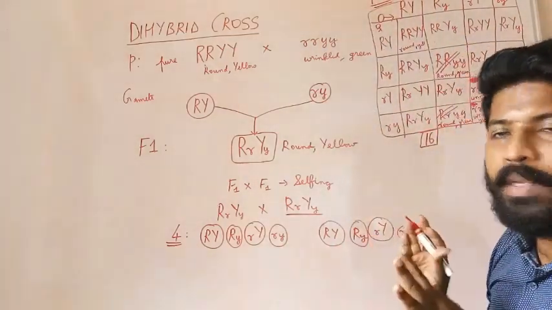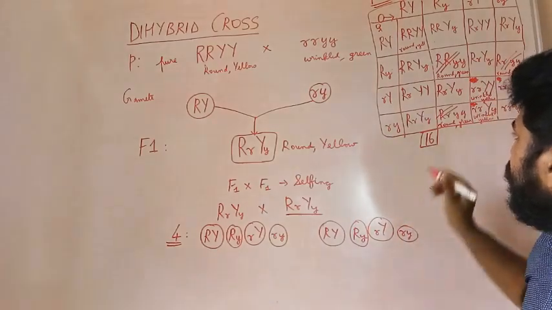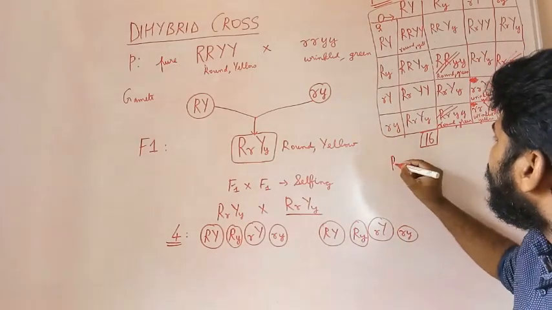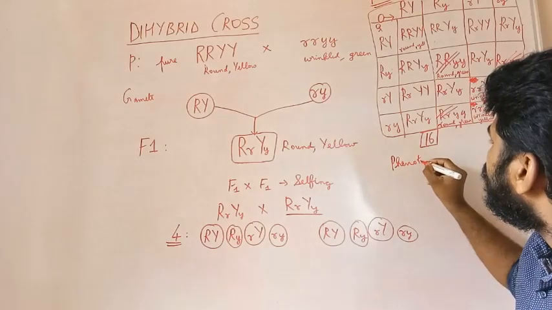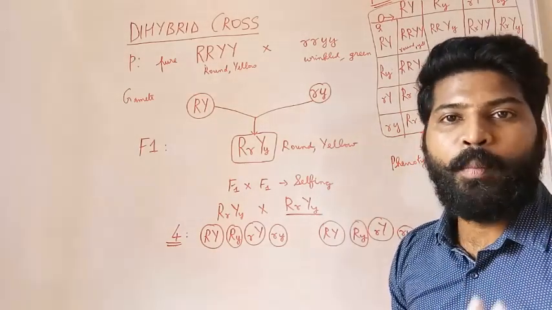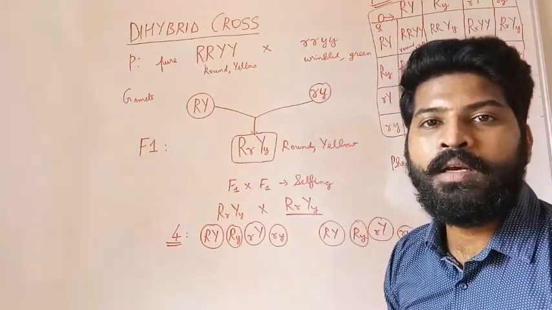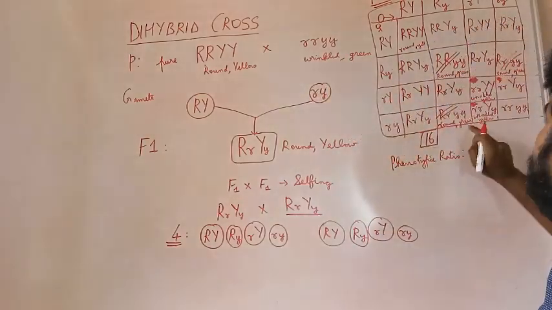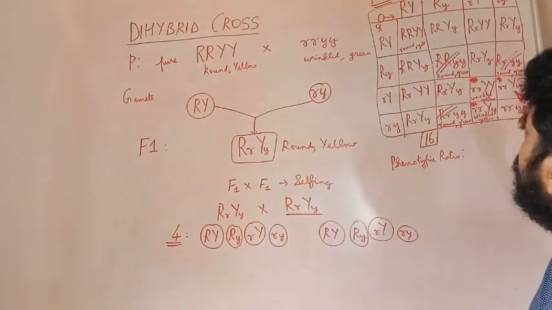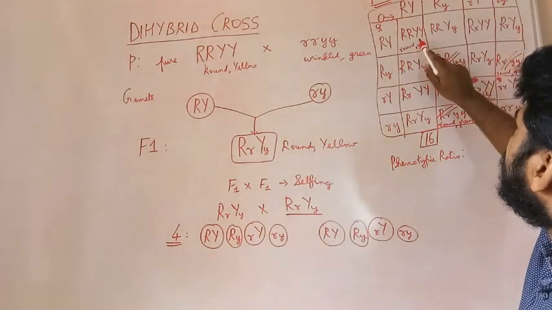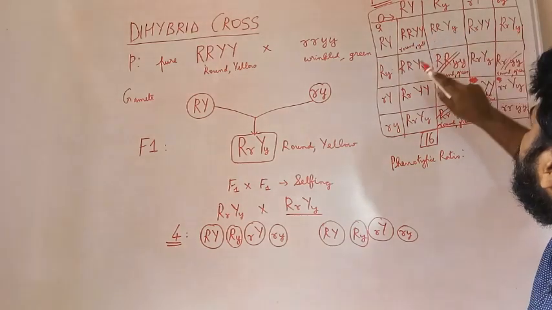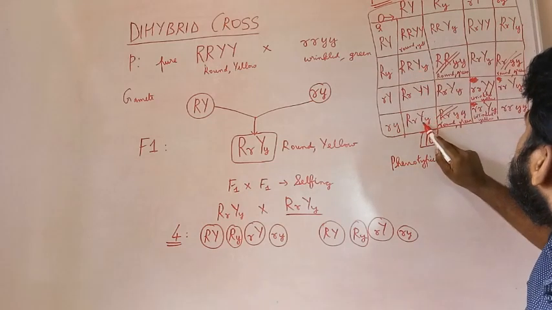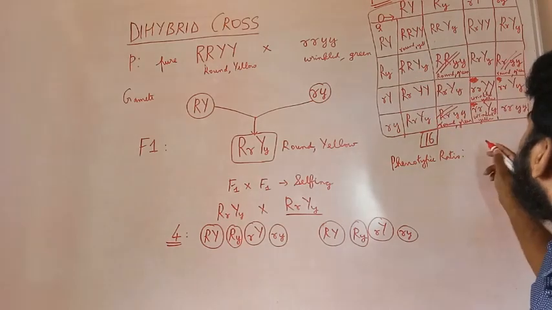It is very simple. Now, if you look at the phenotypic ratio, how many round yellow, how many wrinkled green, and how many round green and how many wrinkled yellow. So if you count round yellows, 1, 2, 3, 4, 5, 6, 7, 8, 9.